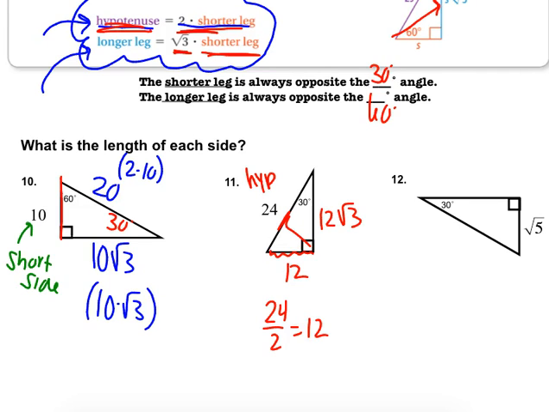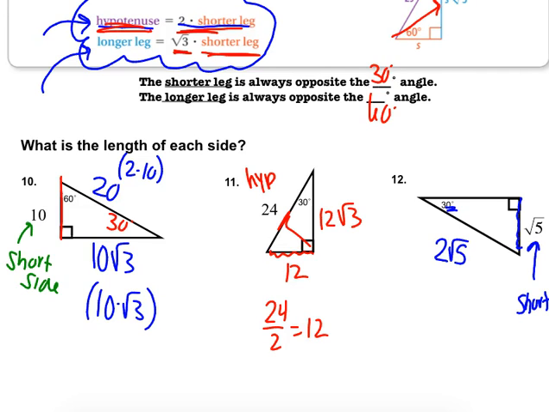Okay, now again, let's decide on what information they give us. Well, they're telling us that our short leg, because it's across from the 30 degrees, is square root of 5. So now let's find our hypotenuse, which is twice that, so 2 times our short leg, which is square root of 5.